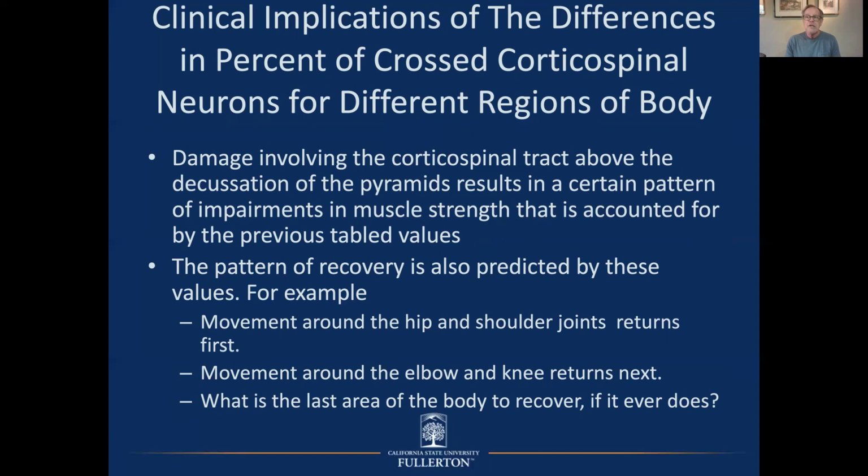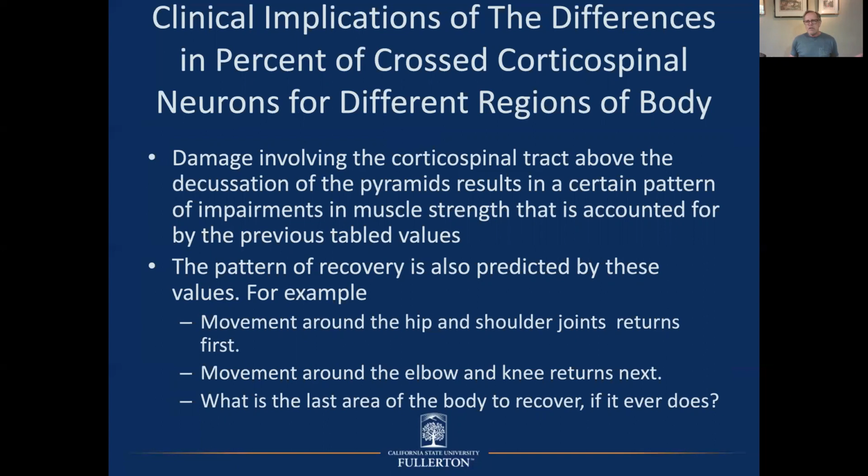If the damage is below the decussation of a system, the impairment will be on the ipsilateral side, the same side as the damage. This also will predict, knowing the pattern of decussation will predict the recovery pattern. And we had gone over this before.